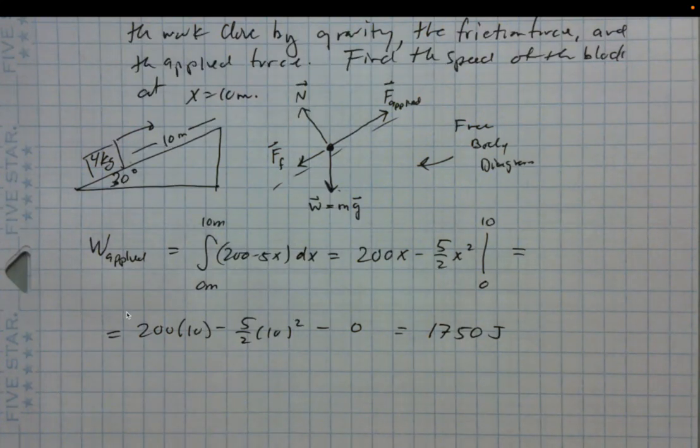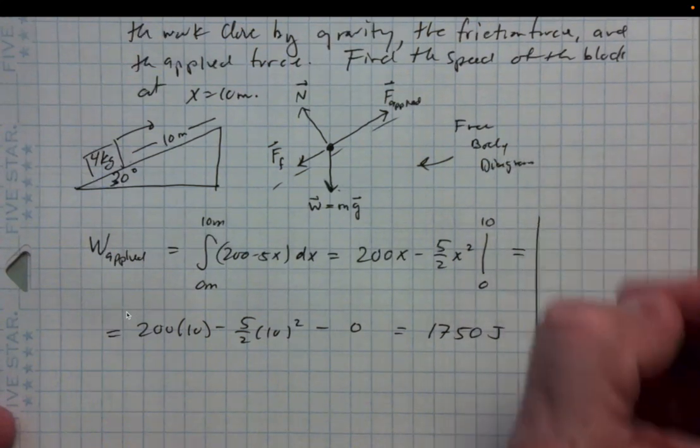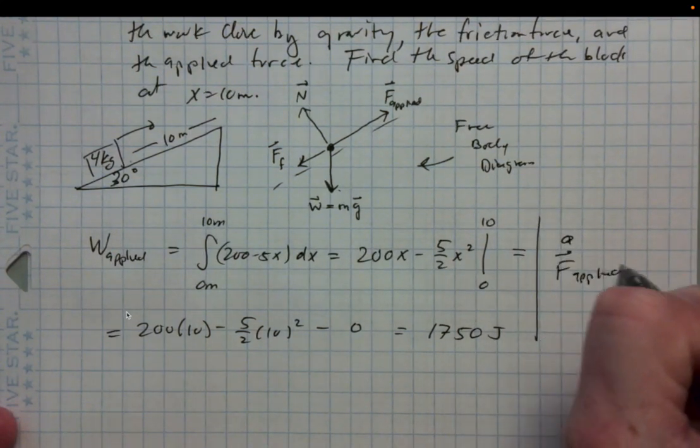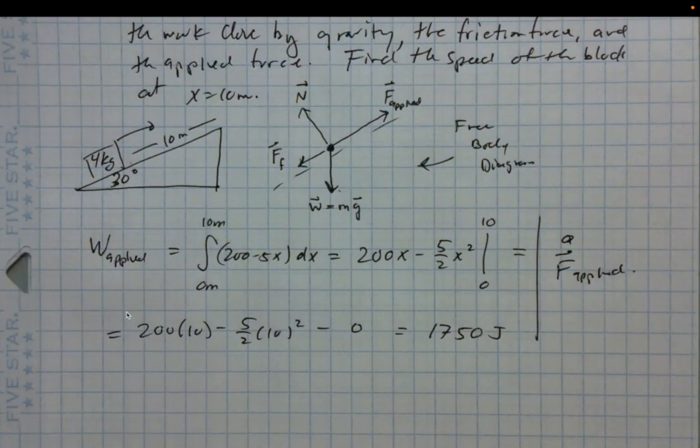So the applied force, whatever's pushing it up this hill, is doing about 1,750 joules worth of work. Okay, very good. So this is the applied force. Just put F, applied.